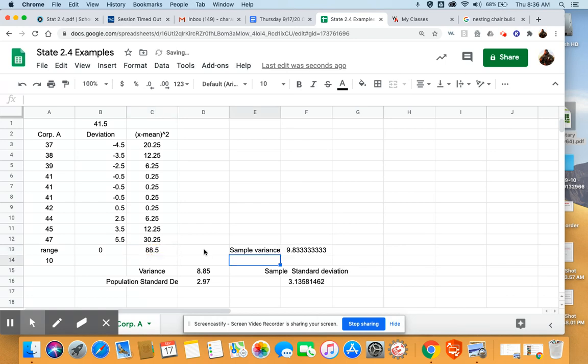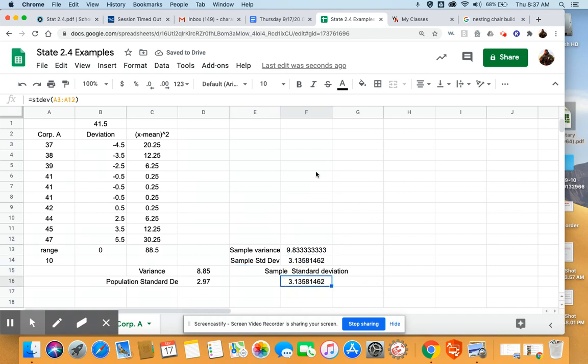And hit enter. Gives us a slightly larger number than what we had here. And then our sample standard deviation, we would take the equals square root of that number and hit enter. And now we see that that is the same number as this.